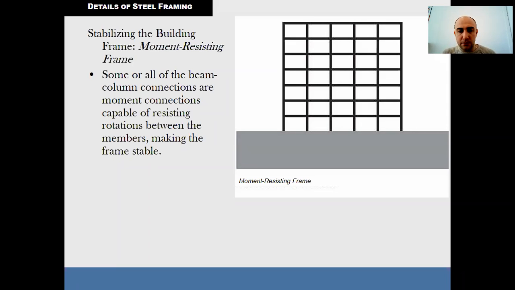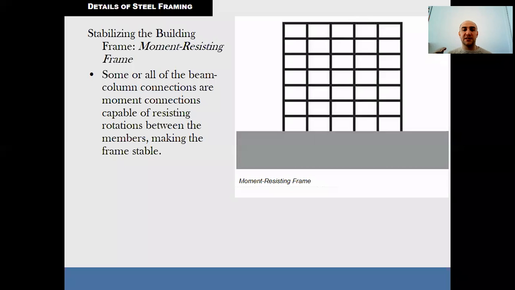A moment resistant frame is an assemblage of beams and columns, with the beams rigidly connected to the columns. Resistance to lateral forces is provided by rigid frame connections.